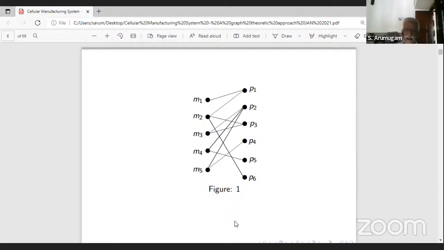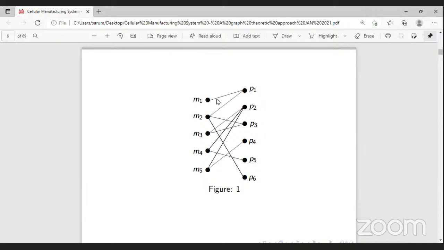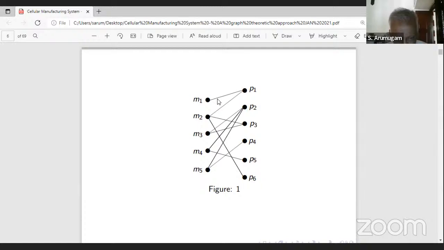Very important, k non-trivial components. For example, in this example, I can't remove P1 M1, because if I remove it, P1 becomes an isolated vertex, which I don't want. So you see, the problem becomes different from the usual edge connectivity problem.